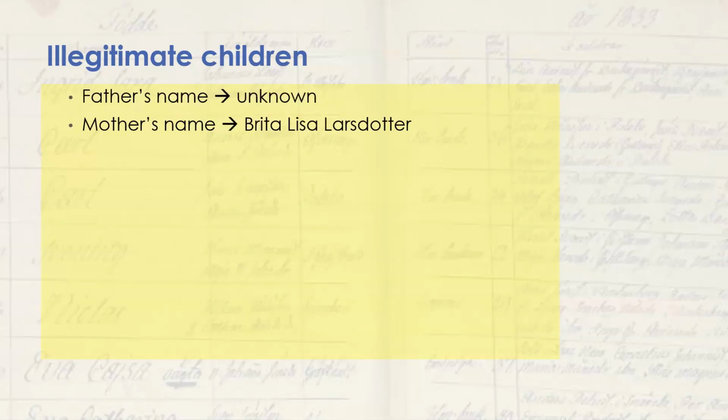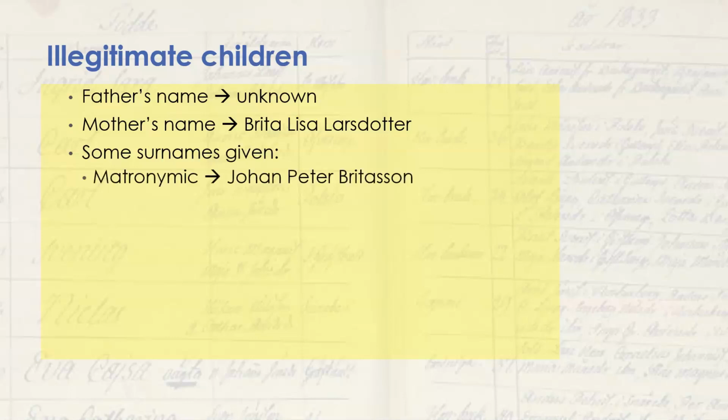So what happens when only the mother's name is listed? It was possible that Johann Peter, my ancestor, went by a matronymic surname like Brittisson, meaning son of Britta. He could have adopted a form of his mother's surname, either with daughter or son attached, most likely Larsson since he was male.